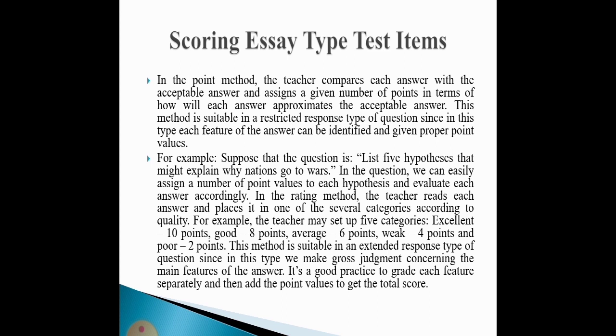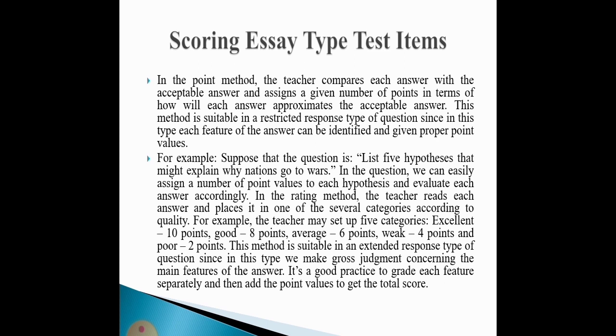answer accordingly. In the rating method, the teacher reads each answer and places it in one of several categories according to quality. For example, the teacher may set 5 categories: excellent 10 points, good 8 points, average 6 points, weak 4 points, and poor 2 points.